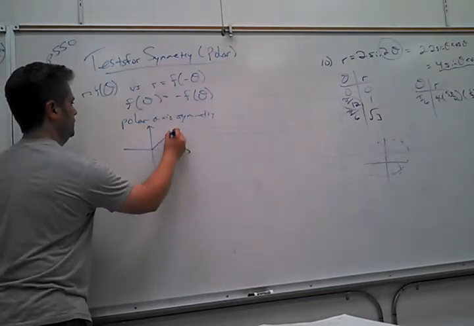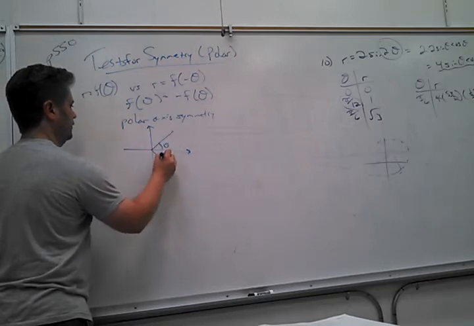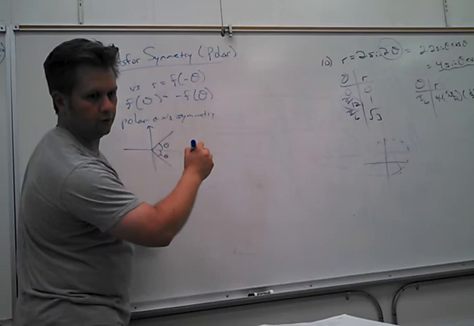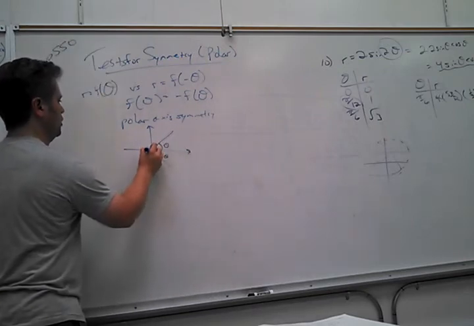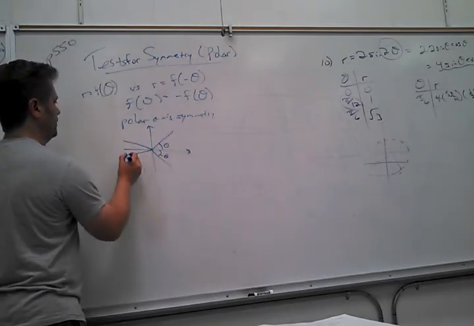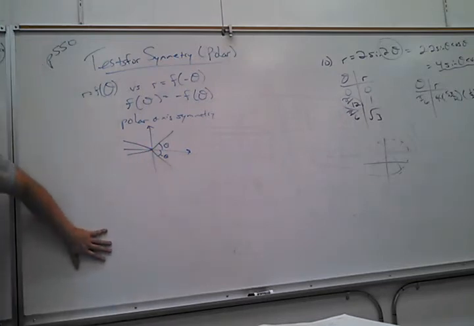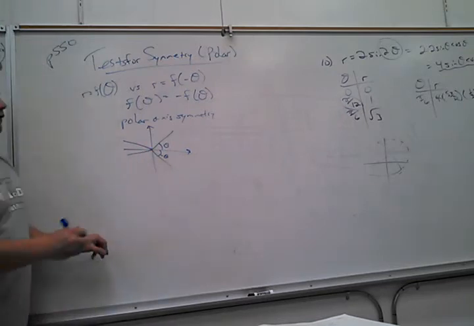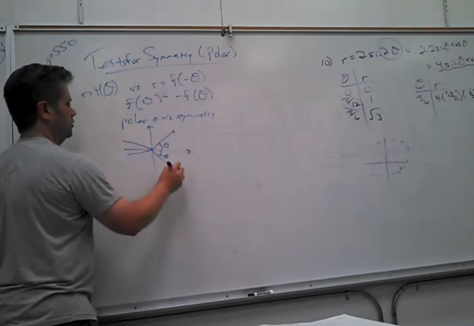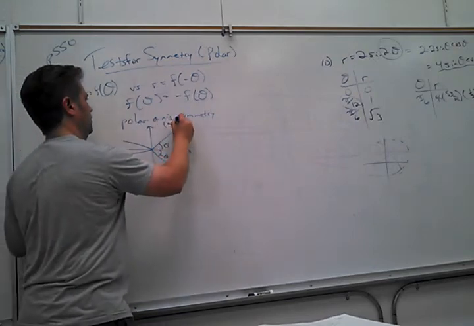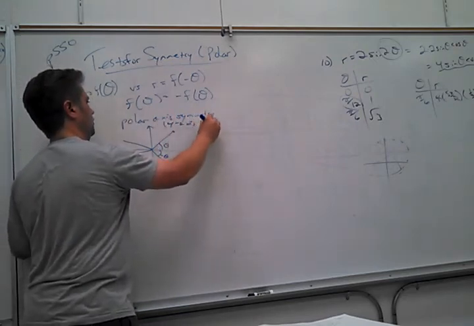If you had this theta versus negative theta, and your output's the same, then they actually have to be symmetric. It's got to be here and it's here. To the y-axis, yeah. I like it. So this is really another name for y-axis symmetry.